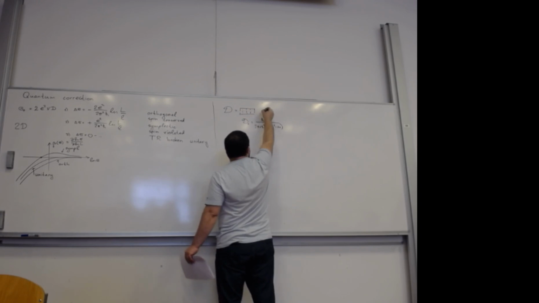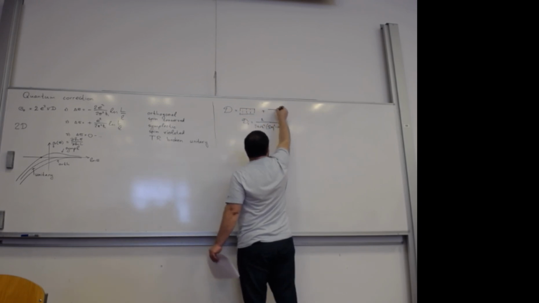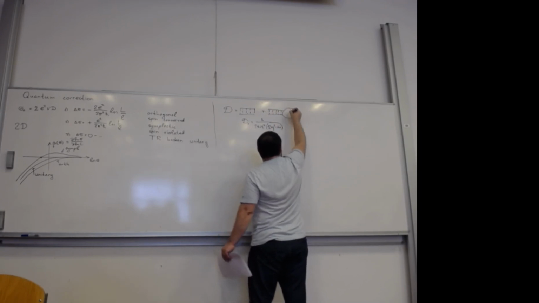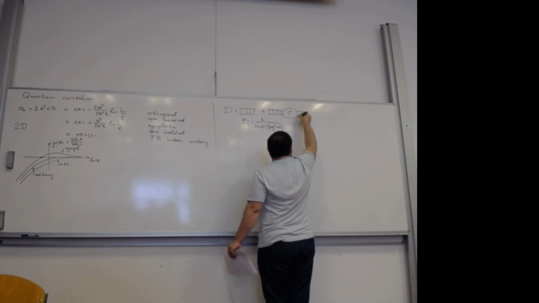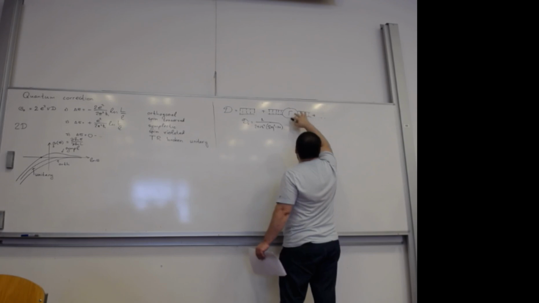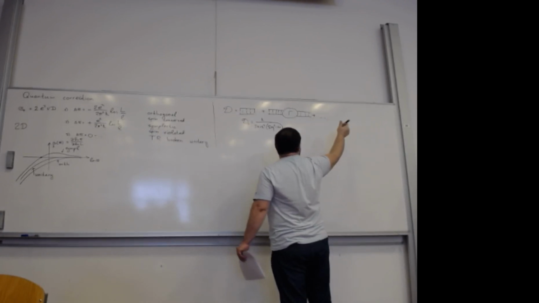It is this ladder, and then there are corrections that have the form of some vertex gamma inserted here. This two-particle vertex can be inserted twice, 3 times, and so on.